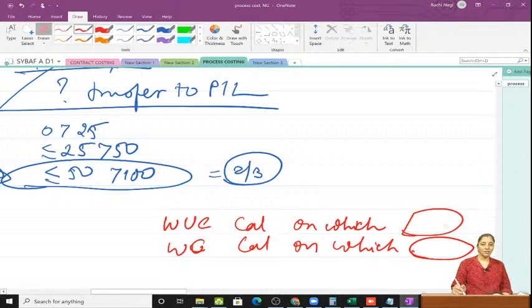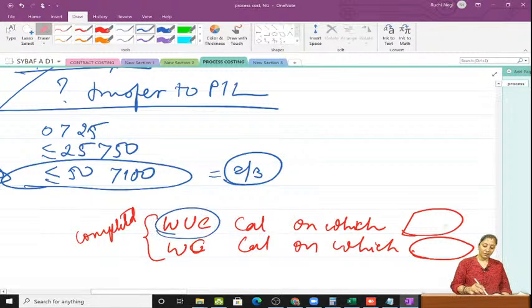In both the cases, work certified and uncertified, the work is completed, but in the first case it is not certified by the surveyor, and in the second case it is certified by the surveyor. So don't get confused that work uncertified means work is incomplete.